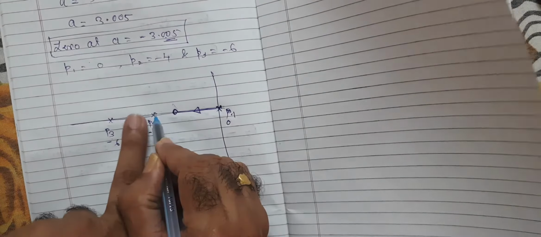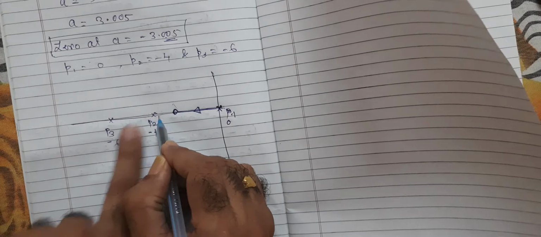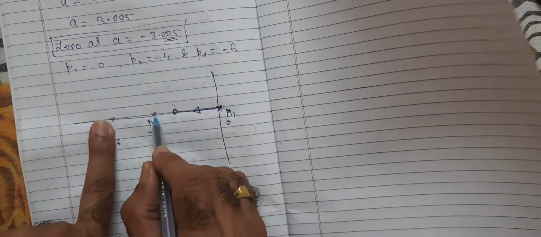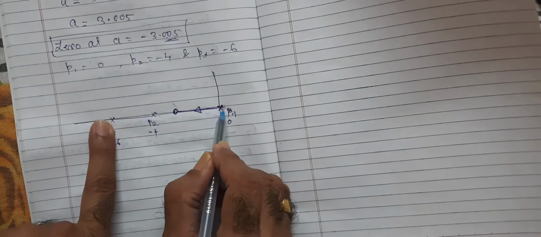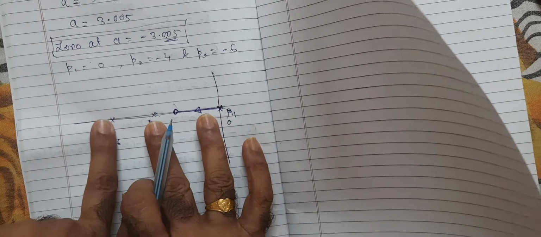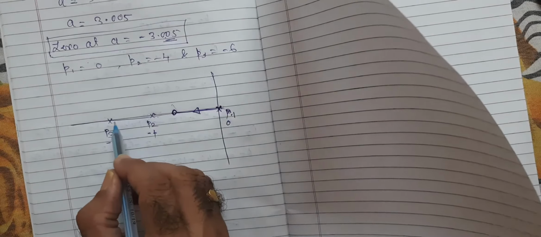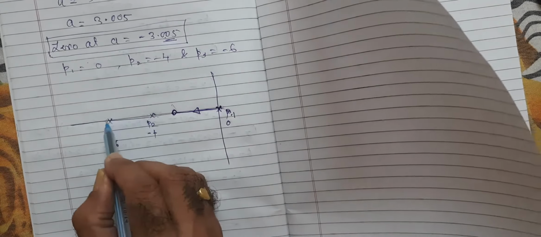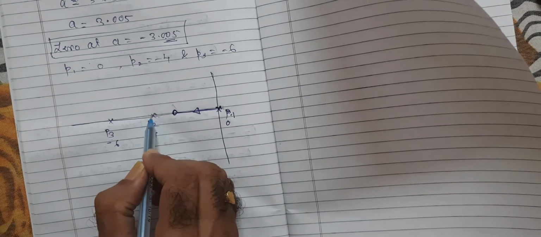So between this 0 and these poles, no root locus will exist. And to the right side of this one, there is 1 pole, 1 zero, and again 1 pole. That means 2 poles and 1 zero, so the total is 3, which is an odd number. So between P3 and P2, the root locus will exist.